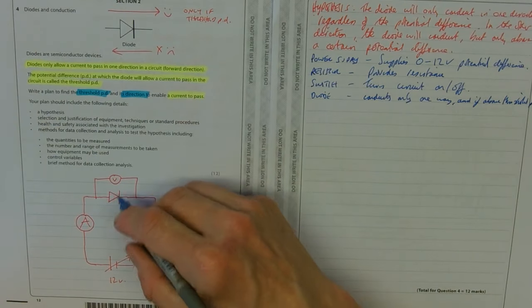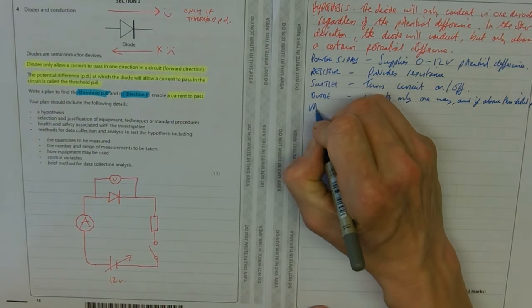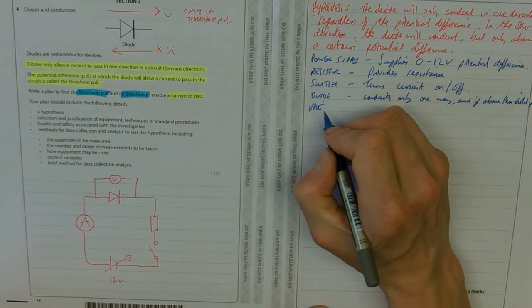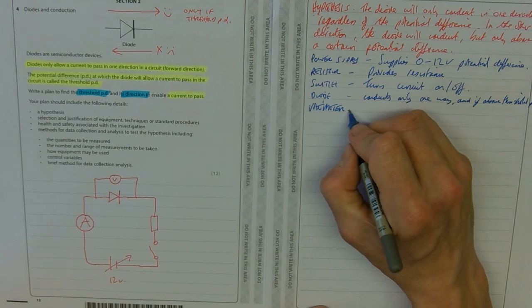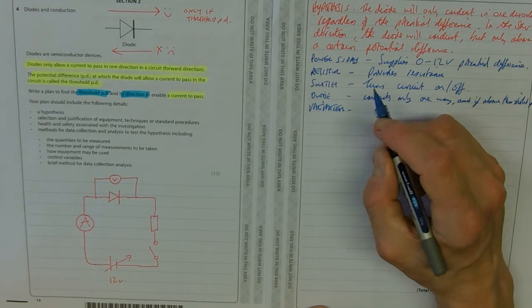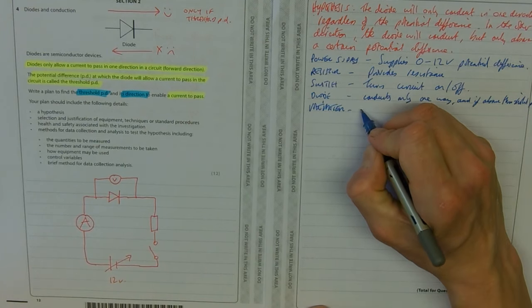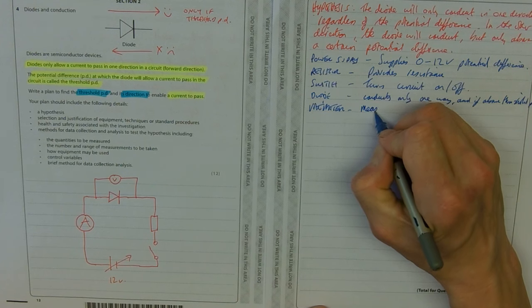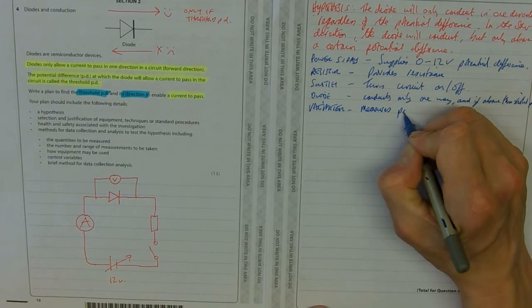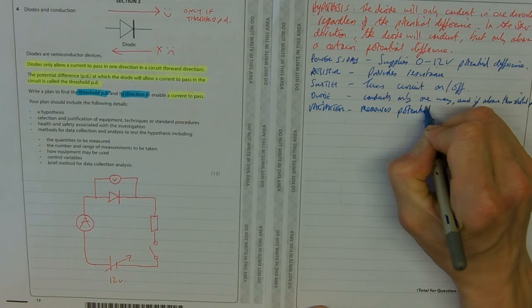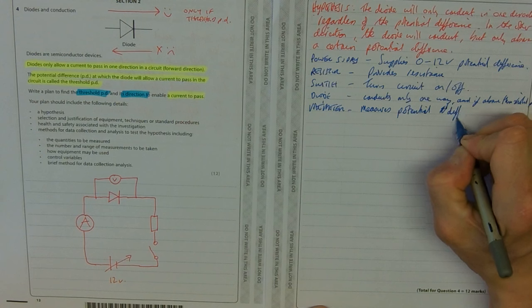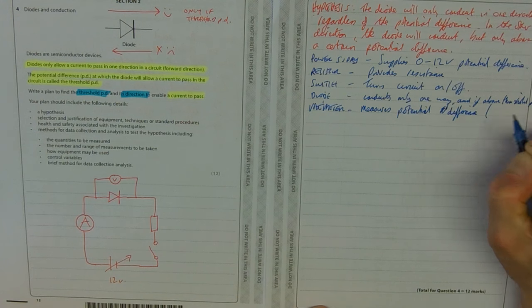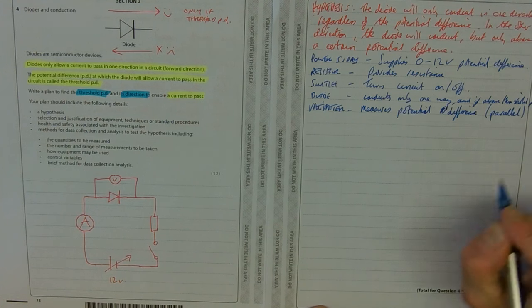What else have we got? We've got a voltmeter, which measures potential difference, and we're going to put that in parallel.